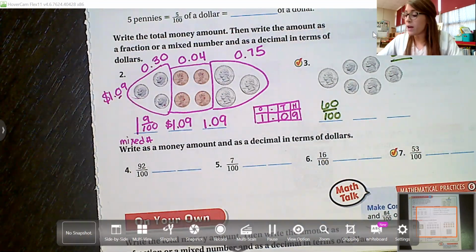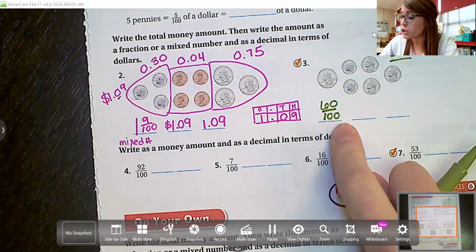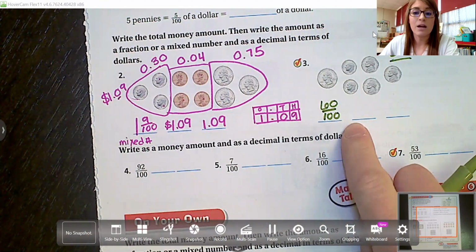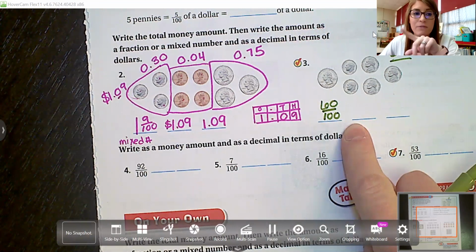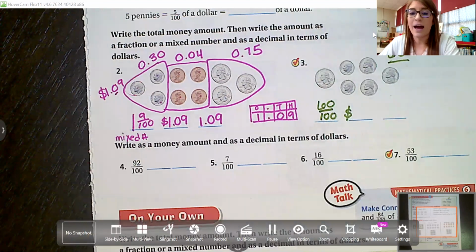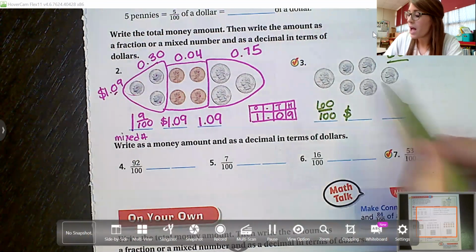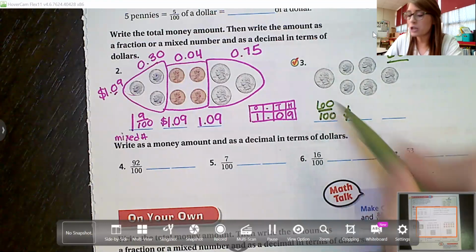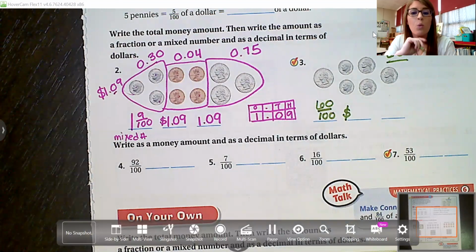Very good. Now we're going to look at the total money amount. That total money amount is going to have the dollar sign in front of it. I'm going to go ahead and put my dollar sign right there. It's just an S with a line through it. How would we write 60 hundredths as a decimal? What would that look like?